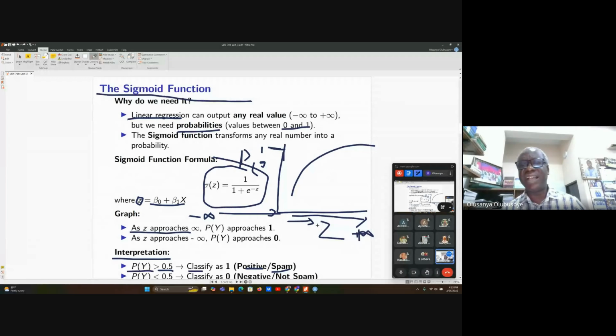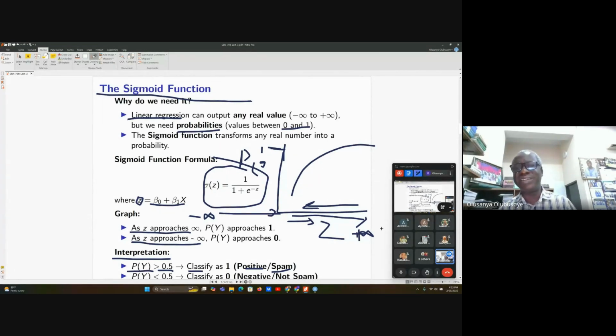But as Z is getting towards the positive side, the probability value will be rising. And as the Z is moving towards the negative side, as the Z is decreasing, this curve will be approaching 0.